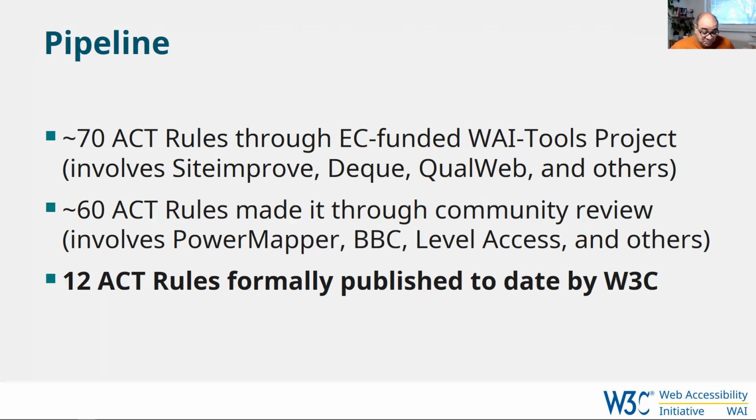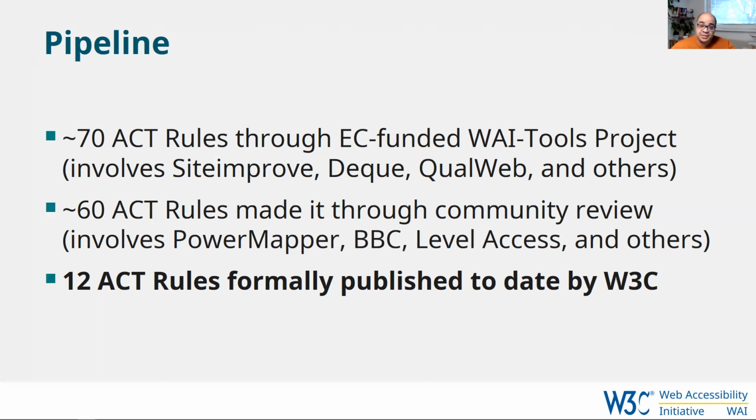At the beginning, we had many rules that had to cycle back, that did not make it. I think the first time we submitted 10 rules to W3C, and only 1 of them made it through. 9 were, I don't want to say rejected, that's a bit of a hard word, but there were comments on them.